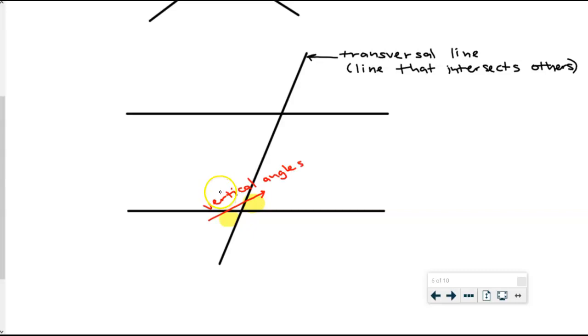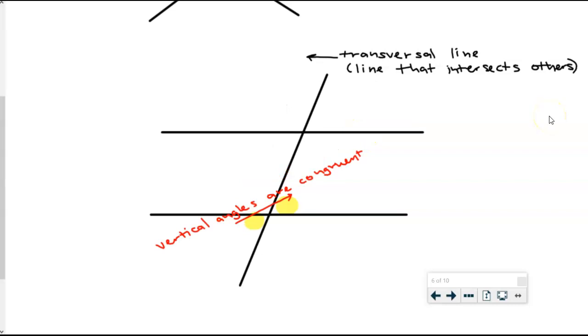And finish the sentence. Vertical angles are, Weston, congruent. So since they're congruent, I'm going to replace these highlights with the same color. This angle here is the same as this angle here.